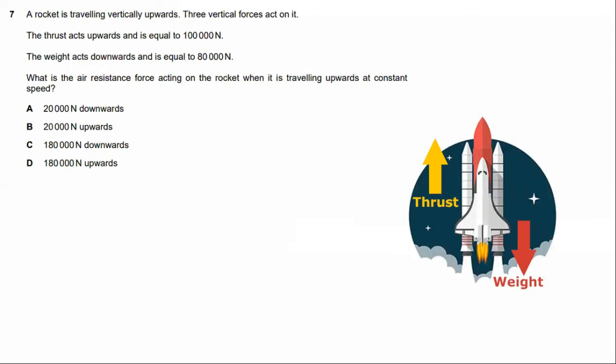The weight acts downwards and is equal to 80,000 Newtons. What is the air resistance force acting on the rocket when it is traveling upwards at constant speed? So we know that there should be another force, which is the air resistance or the drag force.